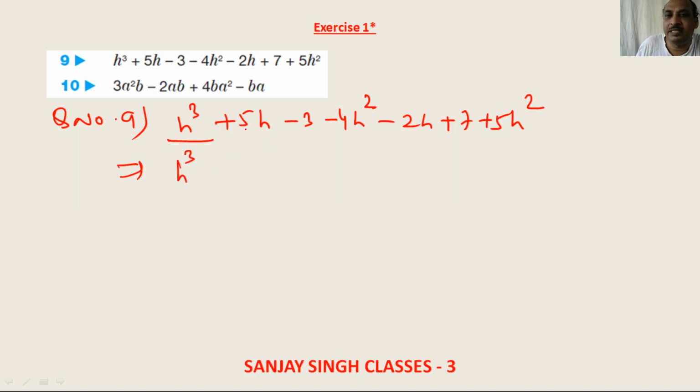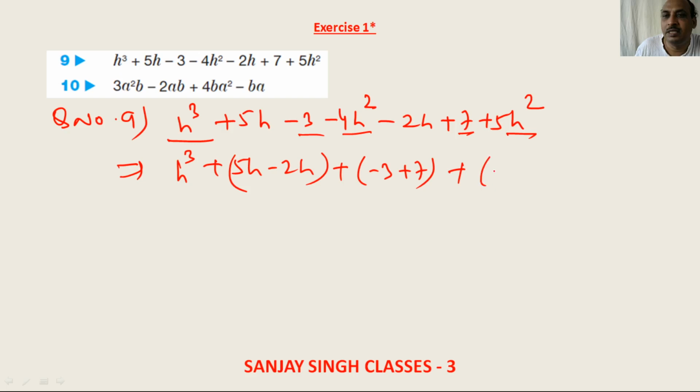Now 5h and minus 2h are like terms, so plus 5h minus 2h. Then minus 3 and plus 7. Then minus 4h square plus 5h square. Like this we have brought like terms together.